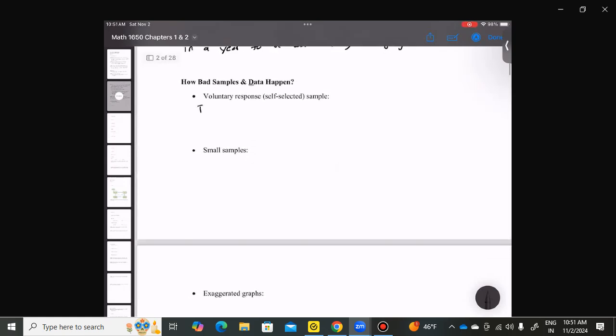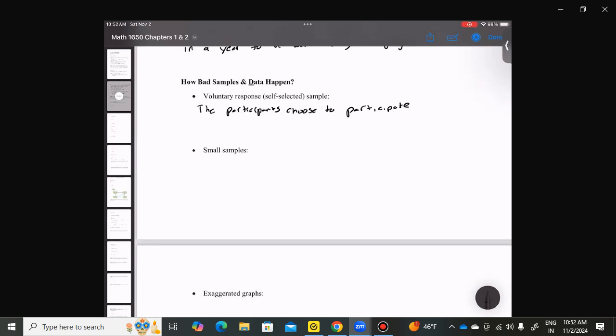Here the participants choose to participate. And sometimes this is the only way, or you can't get around it. You can try doing sampling and other methods, but it still involves the participant sometimes stating whatever opinion they have or survey they need to fill out or something like that.